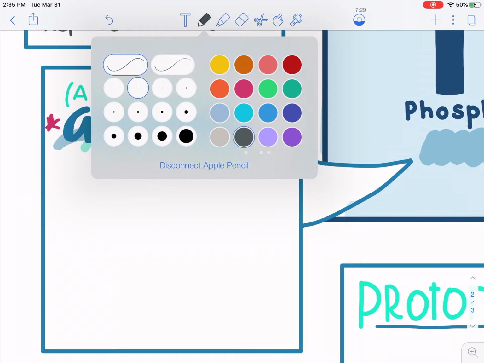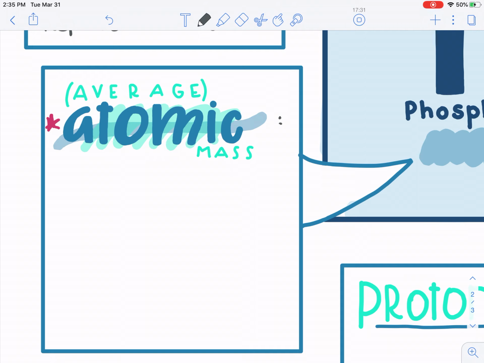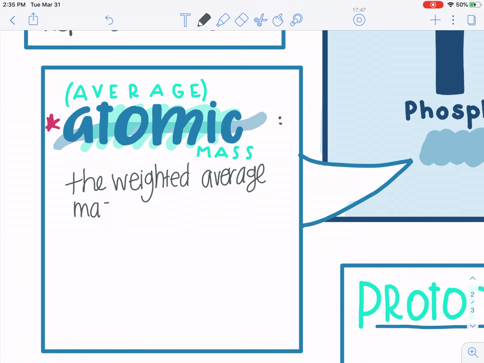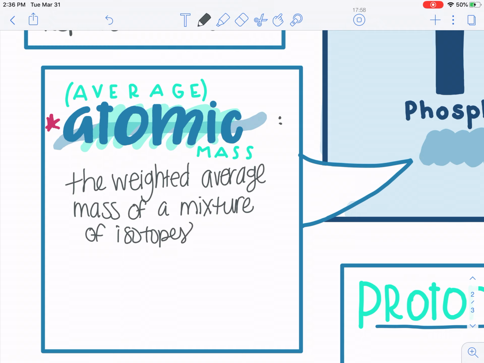Our definition for today is the weighted average mass of a mixture of isotopes.